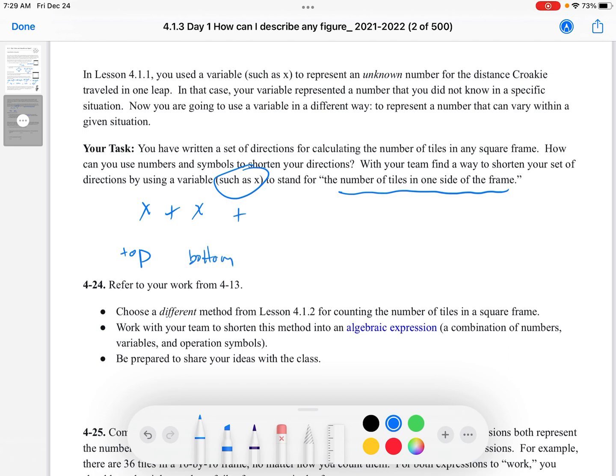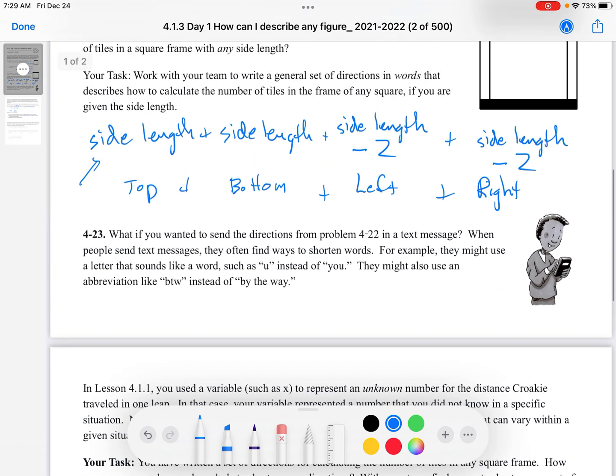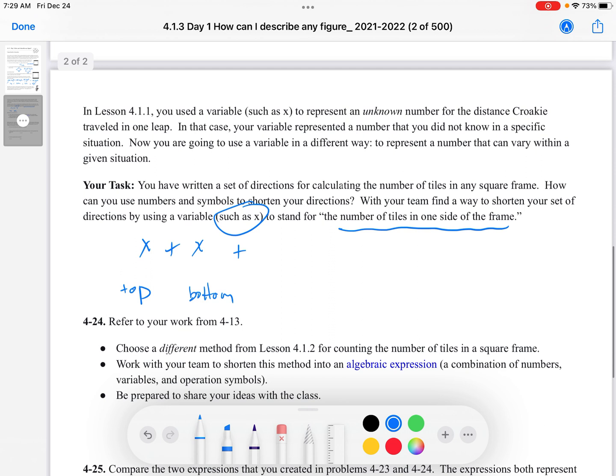Then I have to add the left side. The left side was the side length, but we had to take away 2. So it's the x minus 2. I could put parentheses around there because I should subtract 2 to get that number.